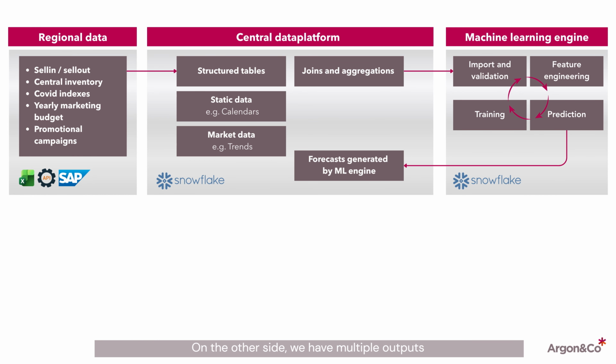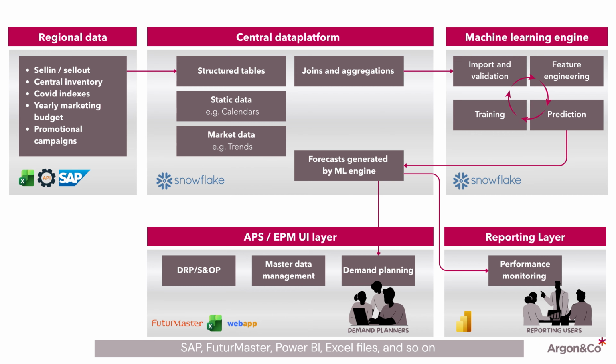On the other side, we have multiple outputs: SAP, FutureMaster, Power BI, Excel files, and so on. Machine learning becomes an additional layer that adapts to any input, any output, and any process. It doesn't disrupt the ecosystem, it strengthens it.